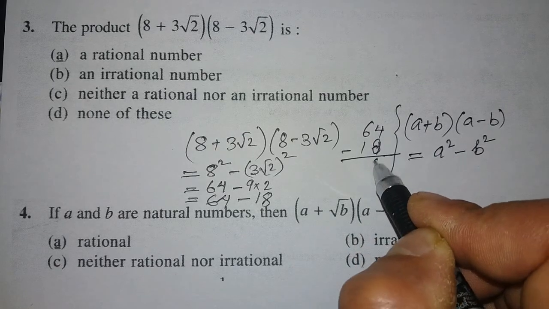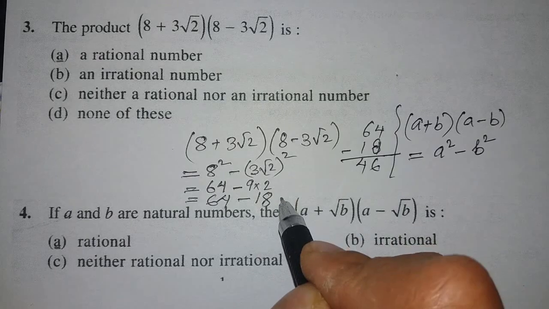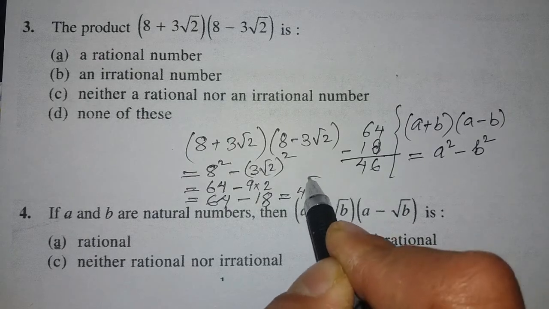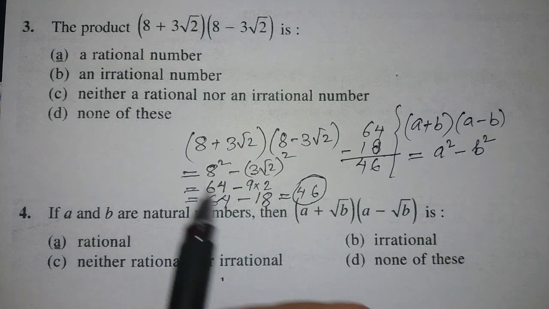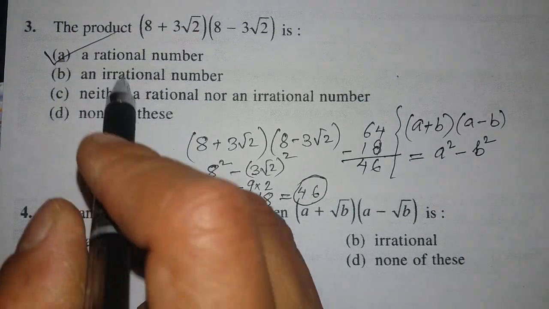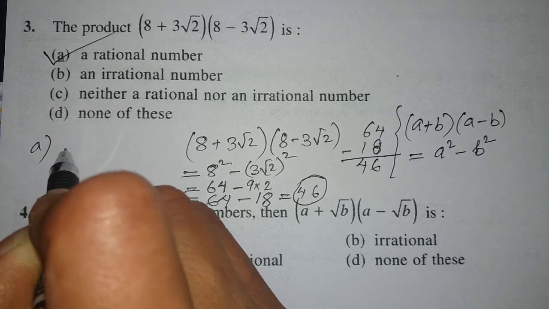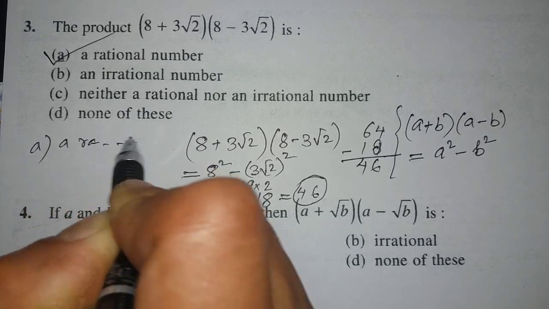Okay, this is 6. 5 minus 1 is 4. So 46. This is 46. Now this is a rational number. So our answer is going to be the first option, that is A, a rational number. So the solution is a rational number.